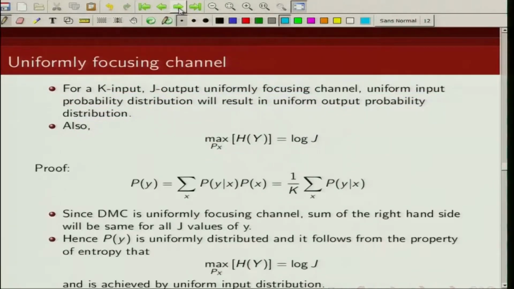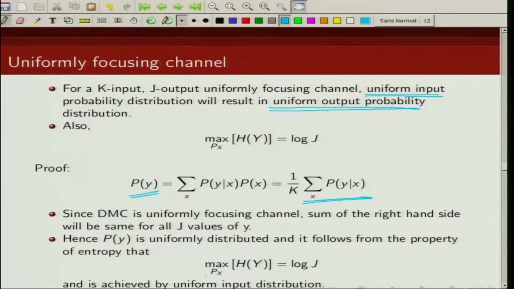So for a uniformly focusing channel, this term is a constant. So if this is a constant, then probability of y is a constant. So that's a uniform distribution. So for a uniformly focusing channel, if your input is uniform, then it will induce a uniform output distribution.